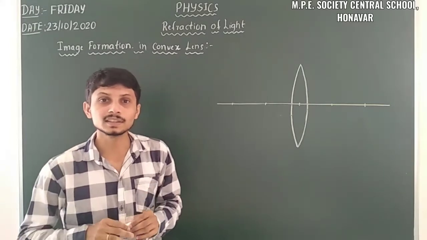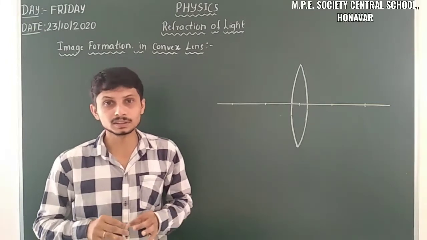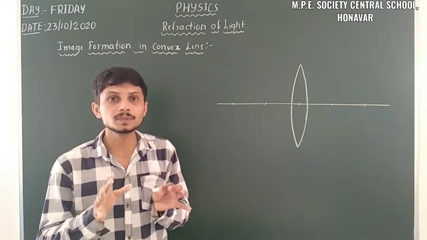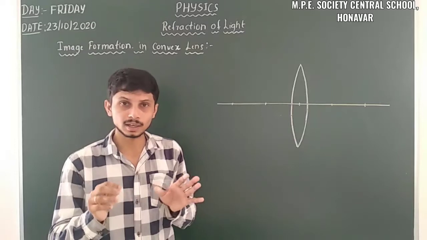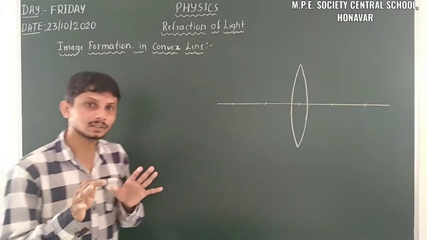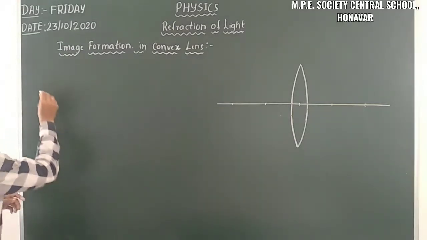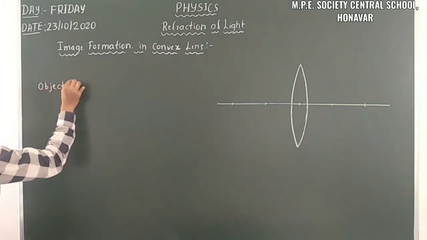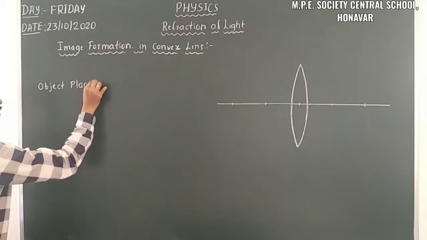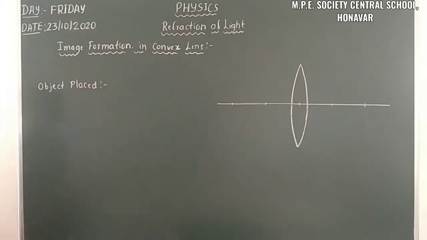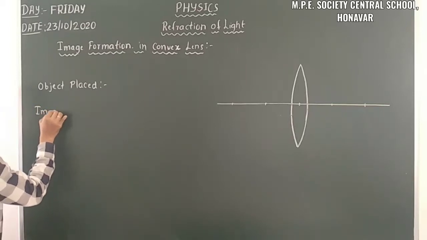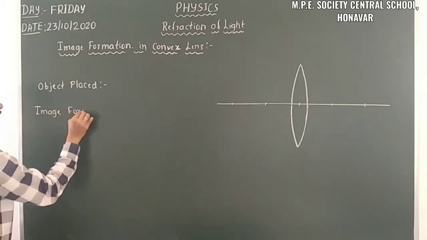So let us discuss image formation in convex lenses by taking the object placed first. Here there are some conditions we have to write. What are those? Firstly, object placed, it is the first condition. Then next, image formed.